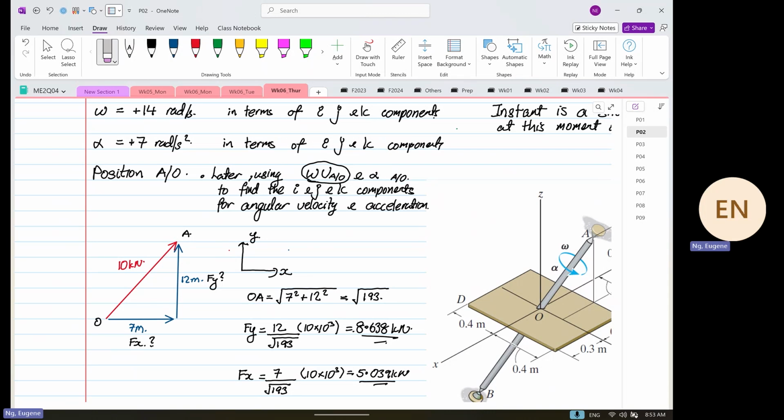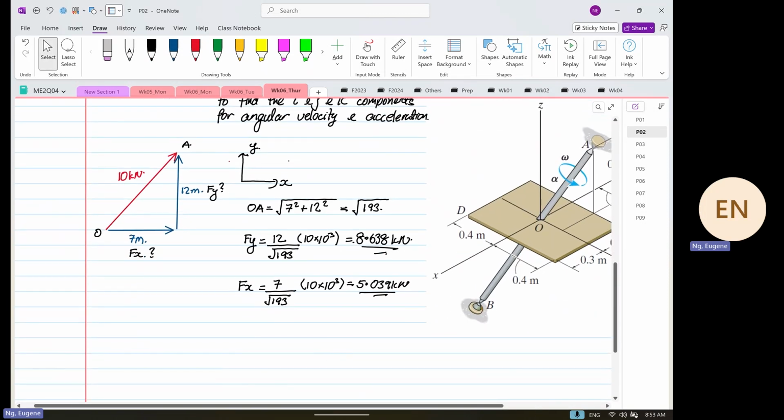This should be alpha. Can you change this, please? And we are going to do exactly the same as our acceleration, right? You'll get the concept now, yes or no? So that's what we are trying to achieve. That's why we have to determine our position of AO.